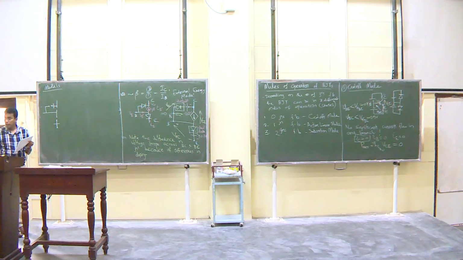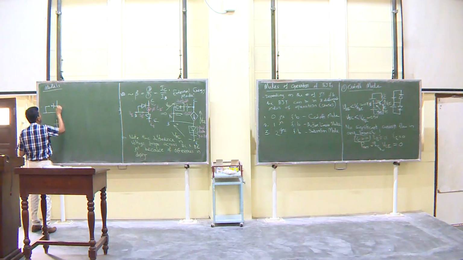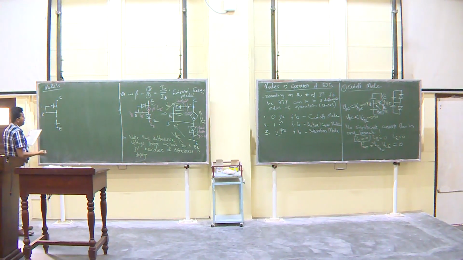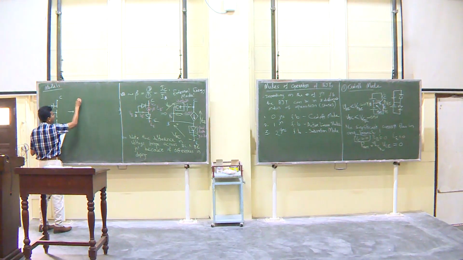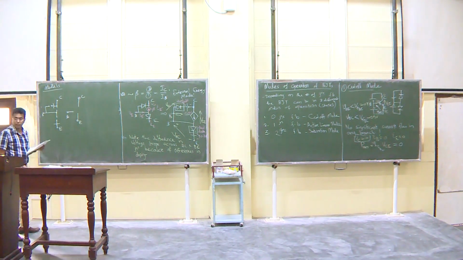Remember, it's not applicable to this. So therefore, my model becomes like this: base, collector, emitter. As you can see, there is an open circuit here, there is an open circuit here, there is an open circuit here. So what you have is something like base, emitter, collector, something of this nature. That is the model that we have.